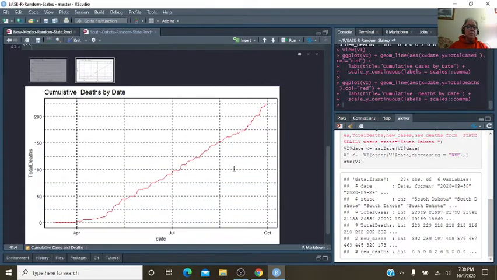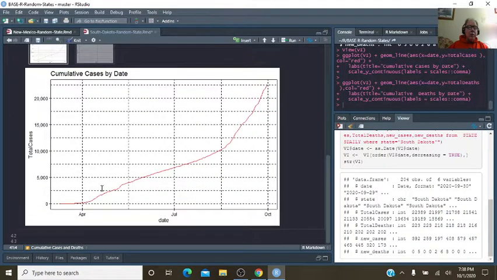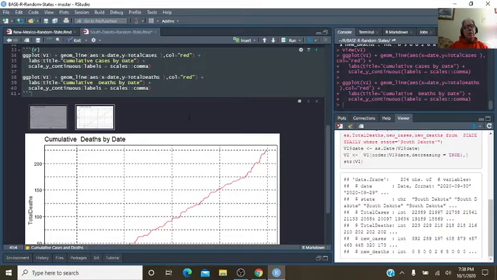Okay. So this is South Dakota's cumulative cases. It really took off here about August, September. Deaths continue to climb. The deaths picked up here about May probably and really started to climb at that point.